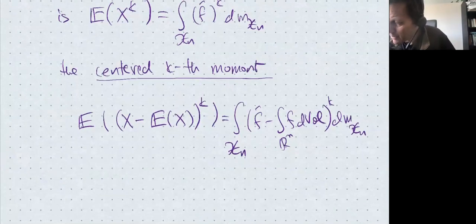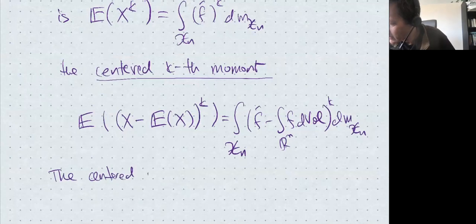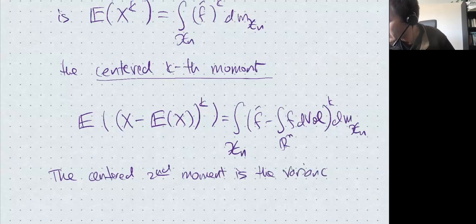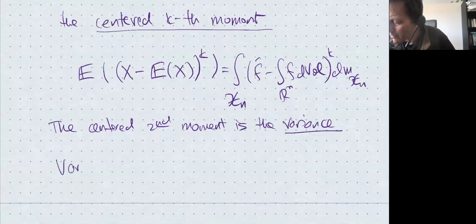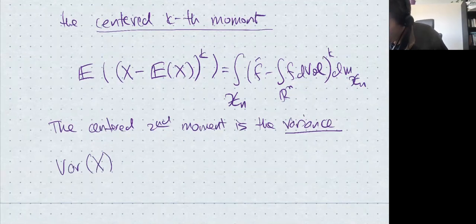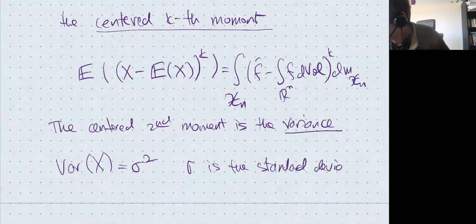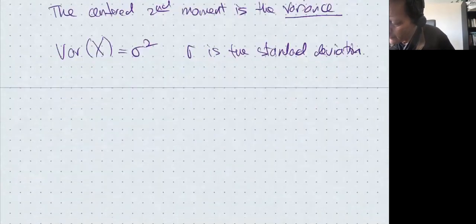The centered second moment is called the variance, denoted by VAR of x, and we write it as sigma squared. Sigma is the standard deviation.